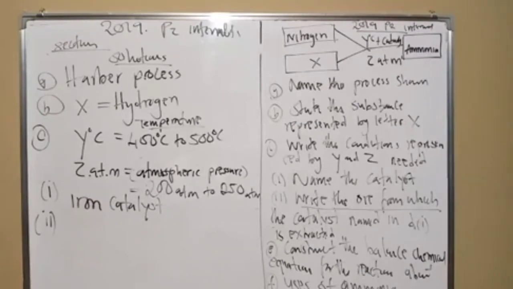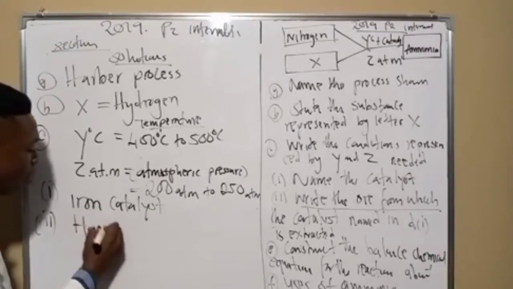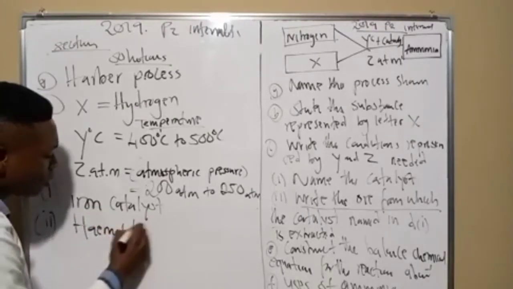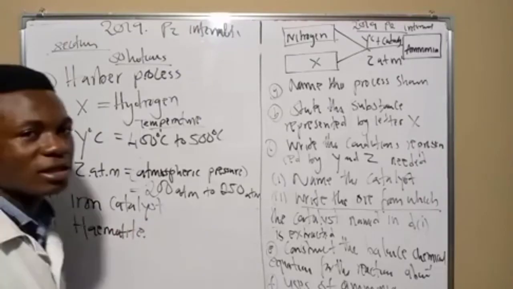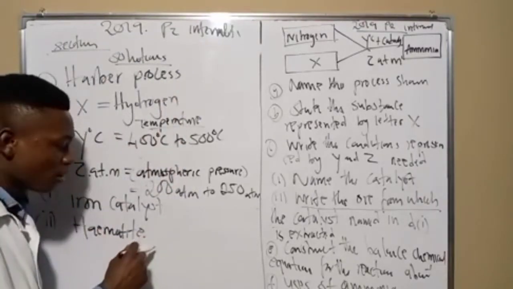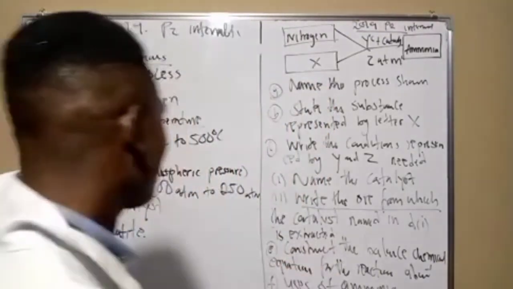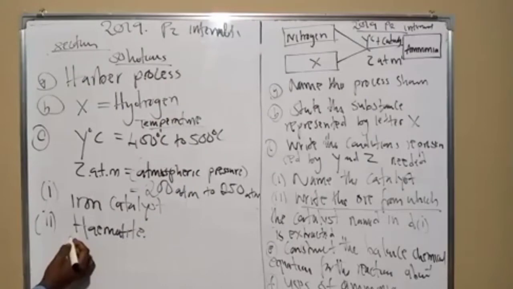So what is the ore that is used in the production of iron? Remember, when we were doing extraction of metals, we said iron is extracted from its ore called hematite. So the ore used is hematite.